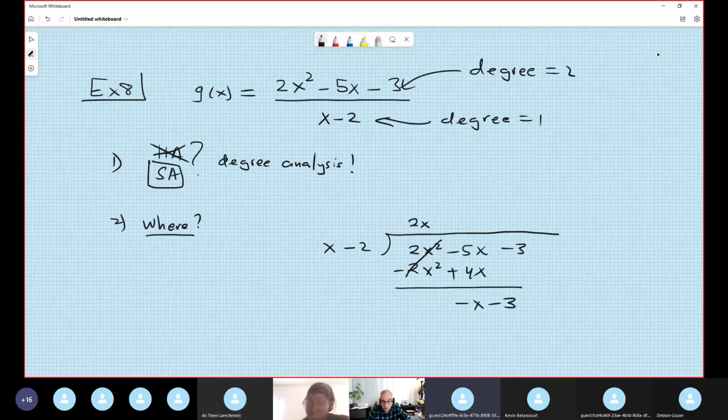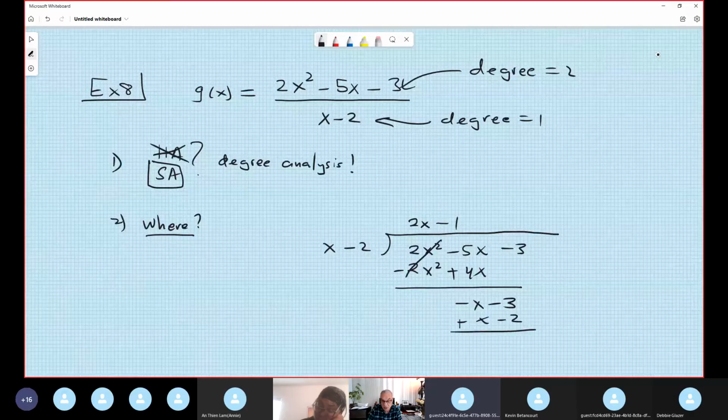I continue the division because the remainder now is degree 1 and the divisor is degree 1. We continue until you get degree 0. So it says -1. How do you get -1? Because -1 times x is -x, by subtracting you change sign. This is +2, by subtracting, negative. This cancels out, and the answer is -5.